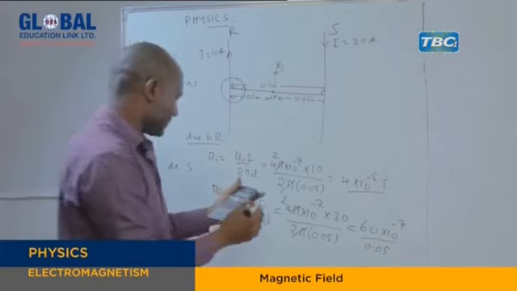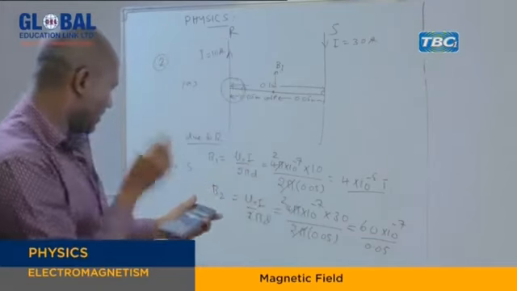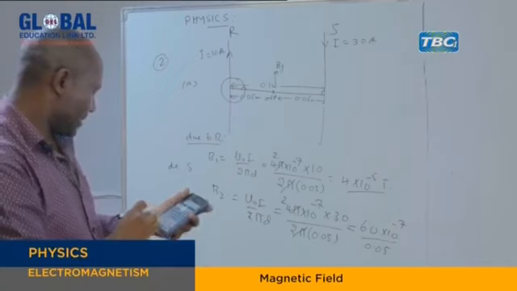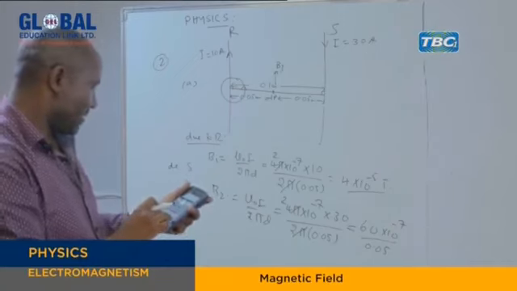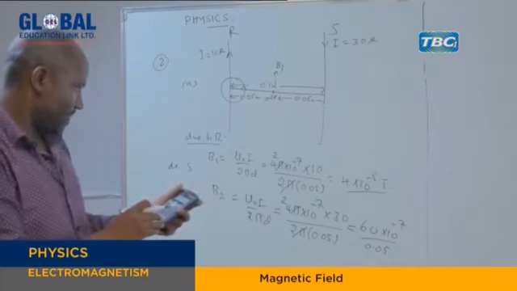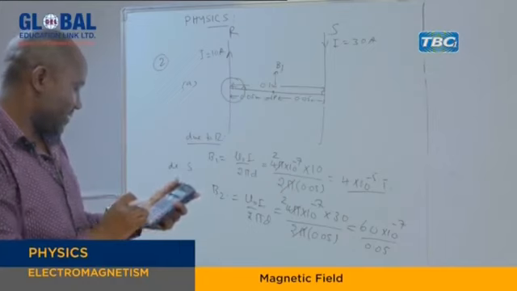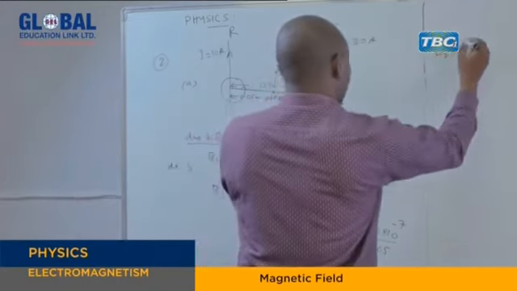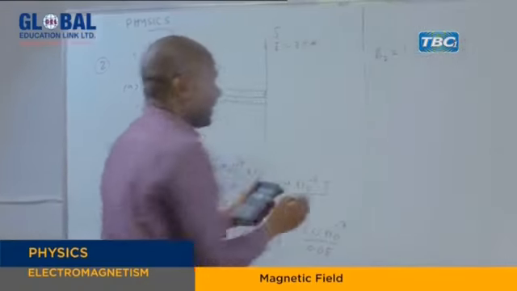Get 1.3. B2 equals 1.2 times 10 negative 4 Tesla.